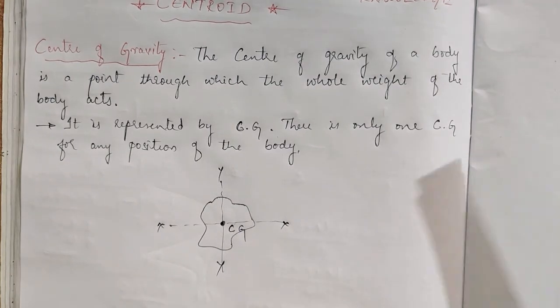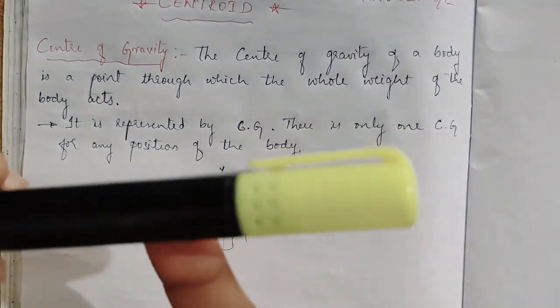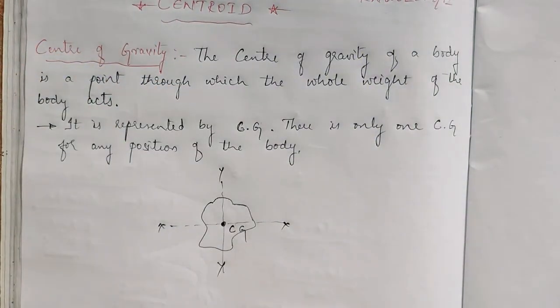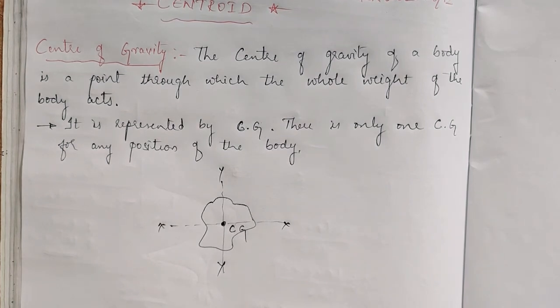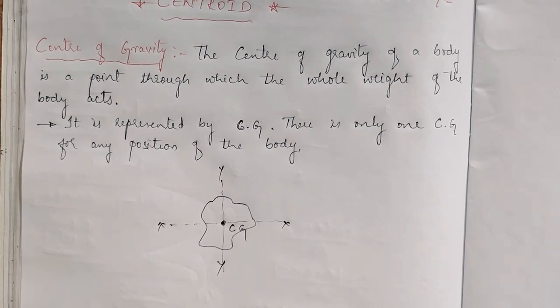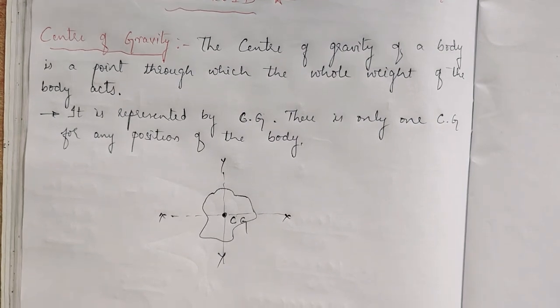If we put the highlighter in any position, the point will not change. The point will be in that position only. In that position it can be stable, in equilibrium, so that we can hold the highlighter in space like that.